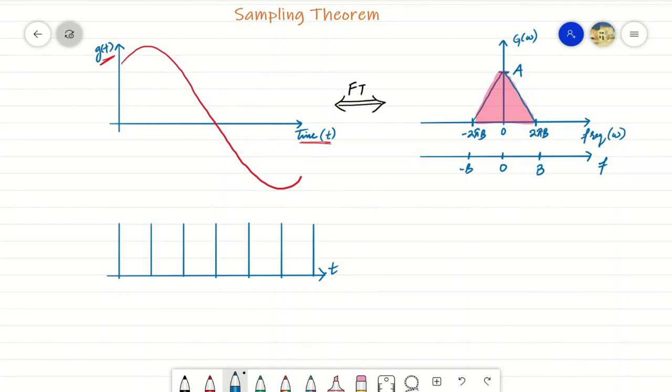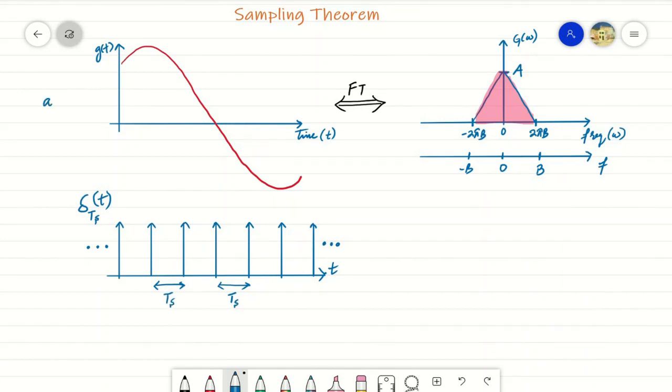Such an impulse train signal can be plotted in time domain, and we refer to this train of impulses as delta with subscript Ts, which is a function of time. So we have impulses defined along time which are repeating periodically after every Ts seconds. So the separation span between each of these impulses is, for example, Ts seconds.